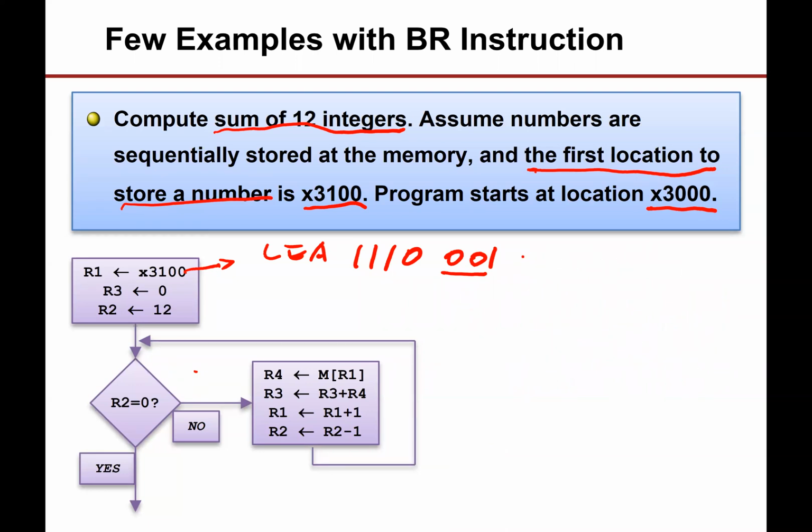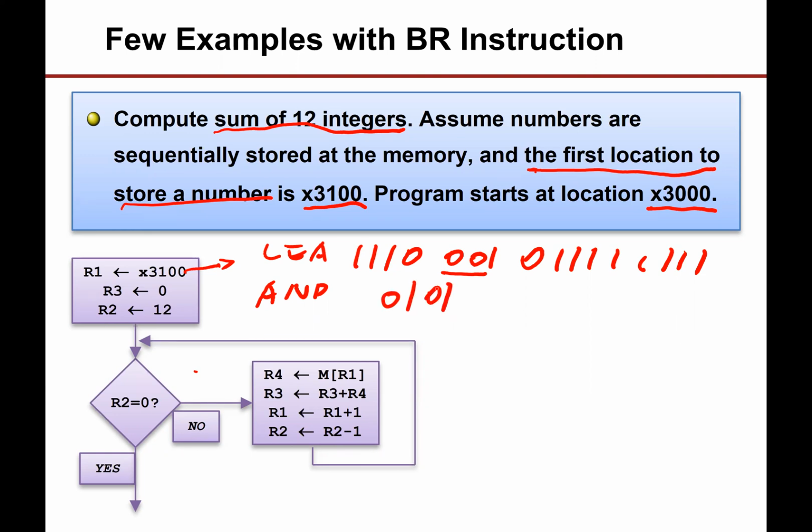So then we have this first instruction. The second one is to do the clean, right? How to do the clean? We can use the AND instruction. For AND, it's 0, 1, 0, 1.